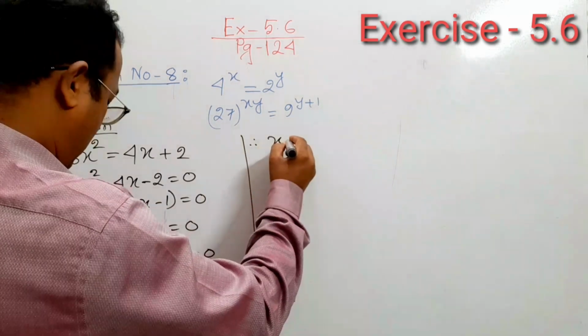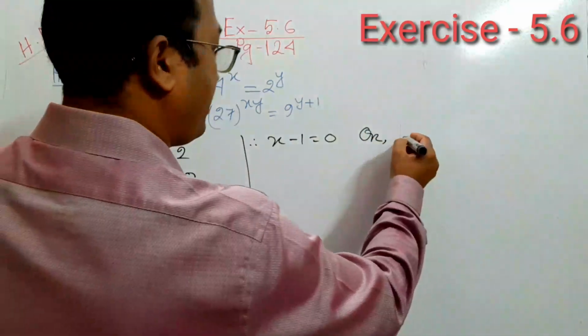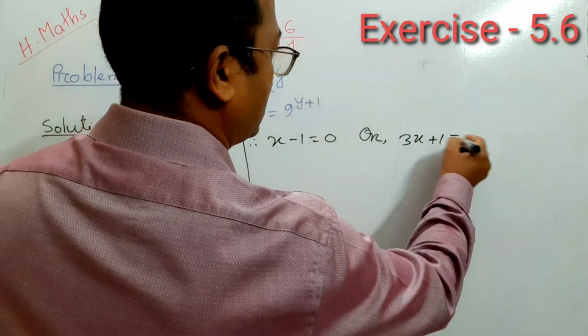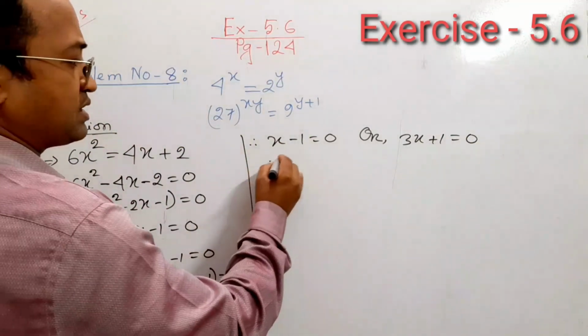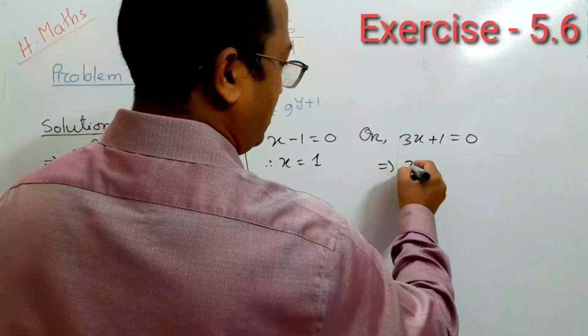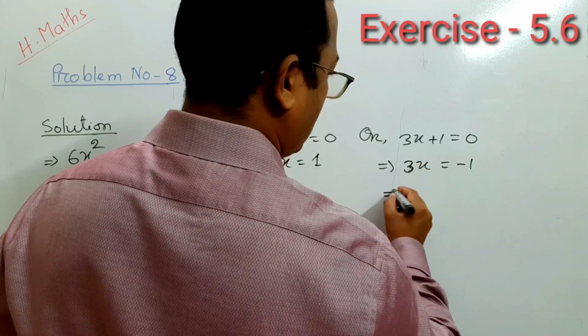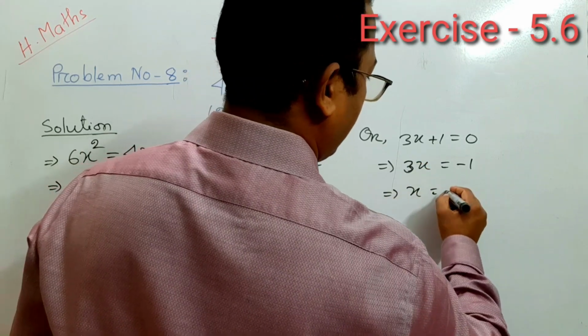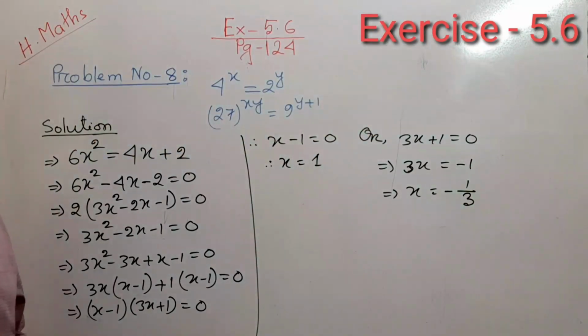Therefore x minus 1 equal to 0 or 3x plus 1 is equal to 0. If x minus 1 equal to 0, we can say x equal to 1. Here 3x equal to minus 1, so x equal to minus 1 by 3. There are two values of x.